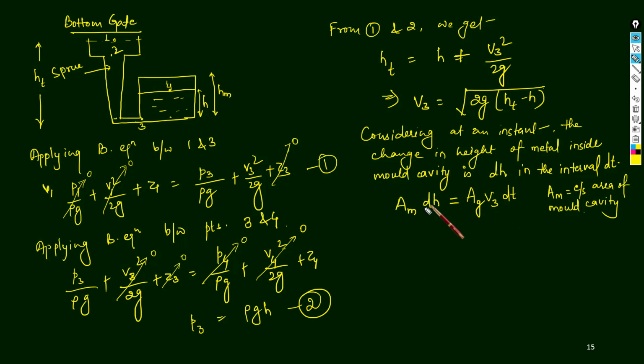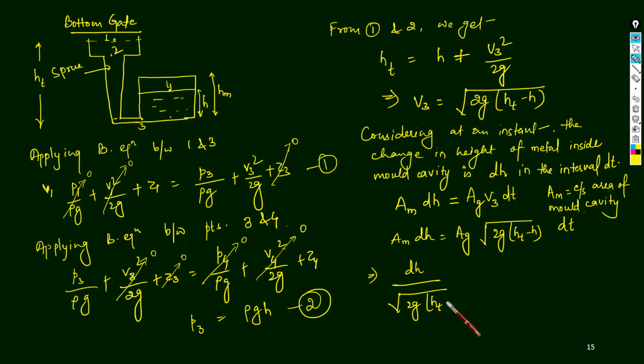So I'm putting this value of V3 here, so it will be root under 2g ht minus h into dt. Now this h term we will put here, so dh upon root under 2g ht minus h is equal to Ag upon Am into dt. Now we need to integrate it.